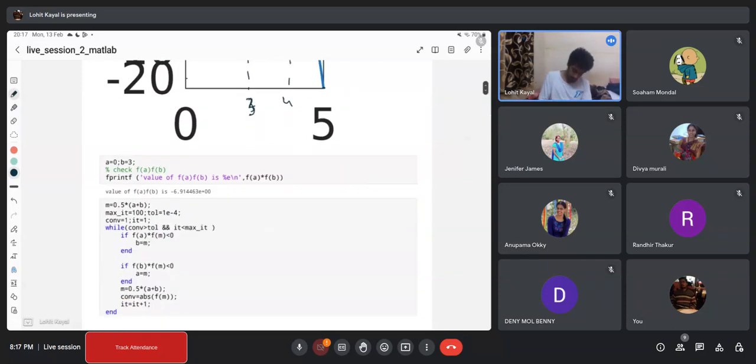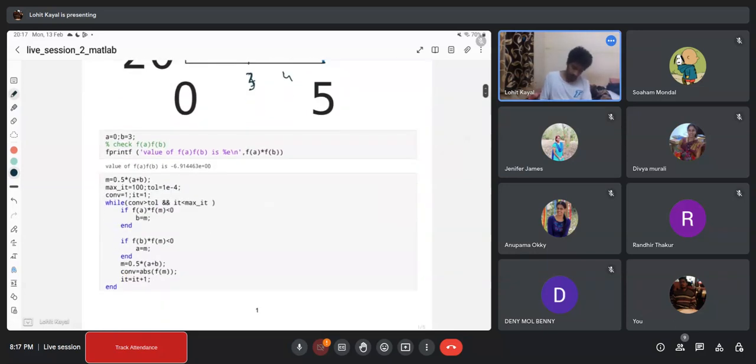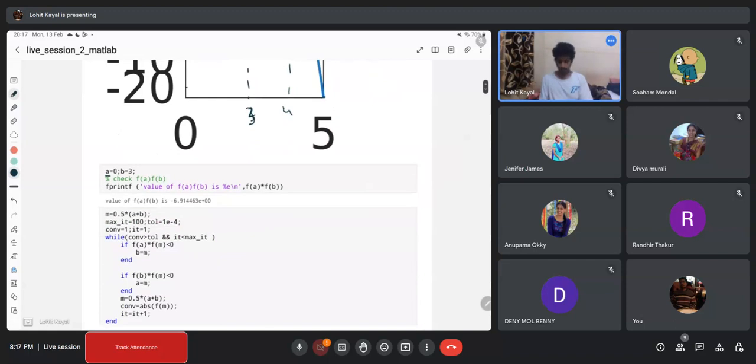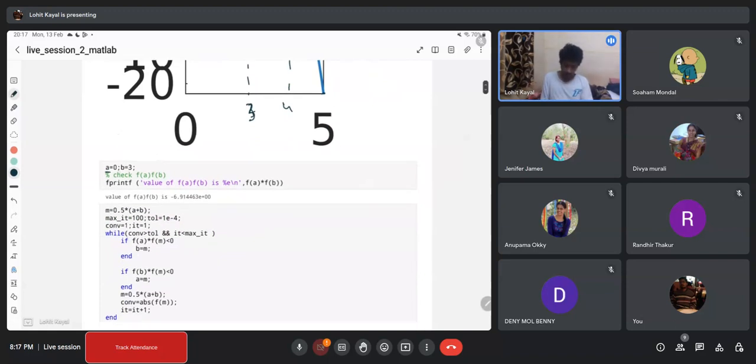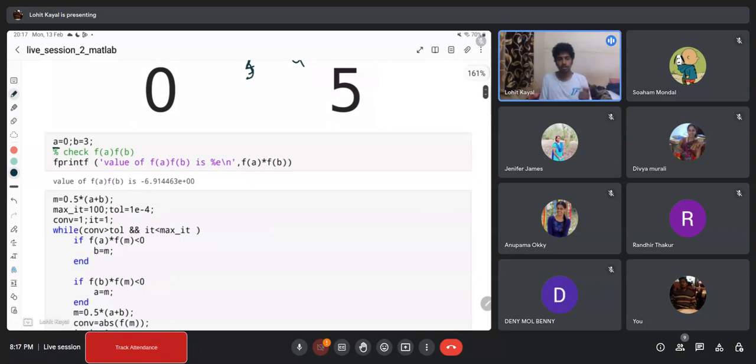So these two are my initial guesses. I have taken b equal to 3. So a equal to 0, b equal to 3. Now check fa fb. Here there are a few new commands that you have to learn. Just a second.